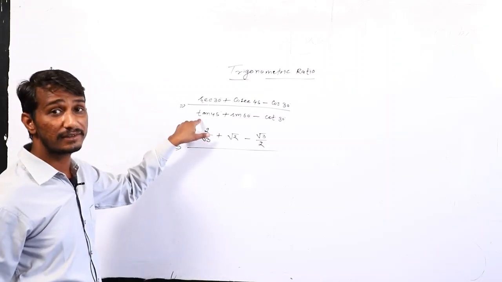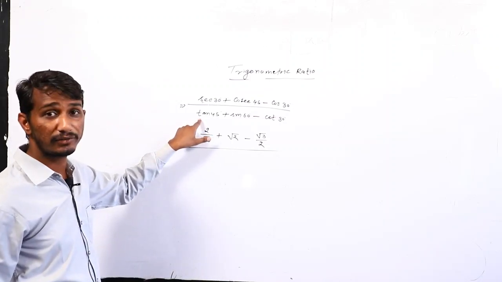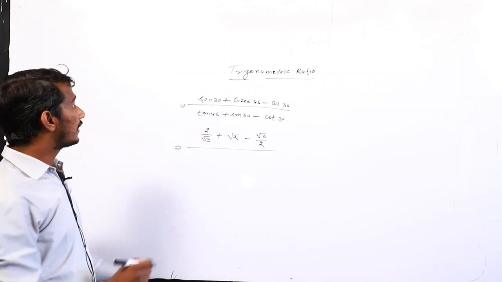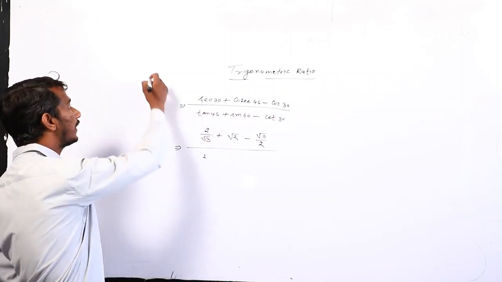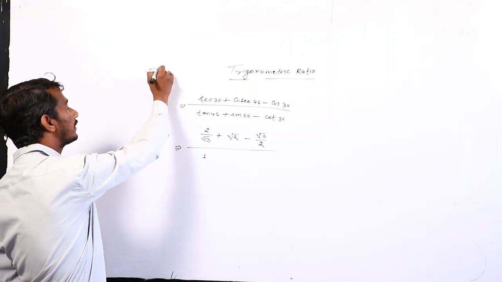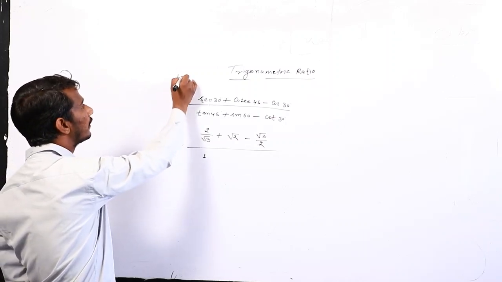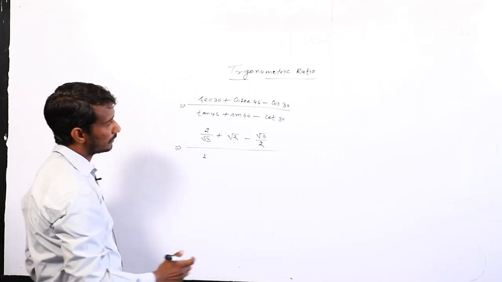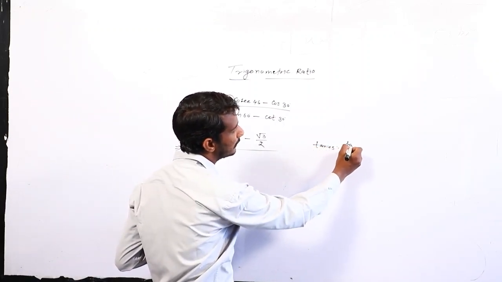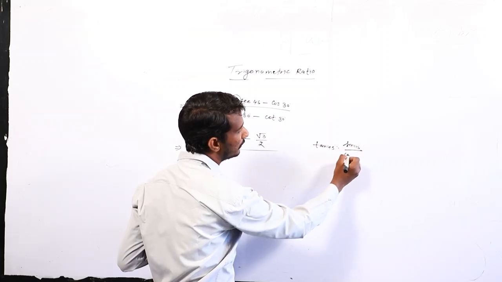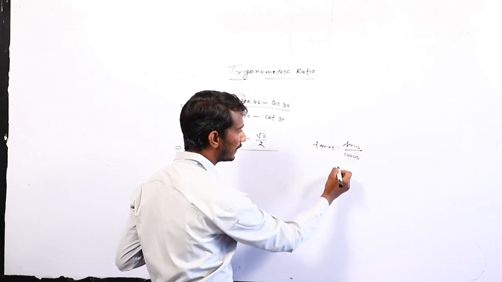tan 45. This is an easy way. You can find it because the value of tan 45 is 1. Tan 45 means sin 45 upon cos 45.